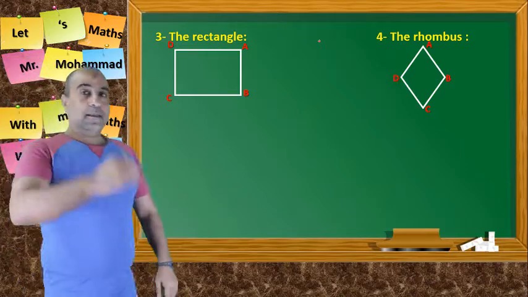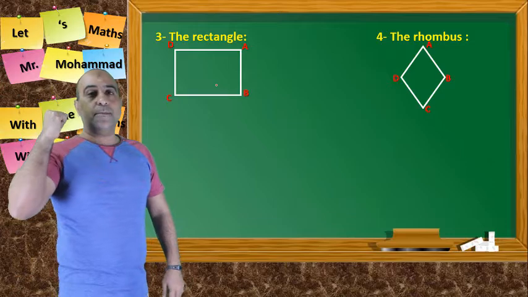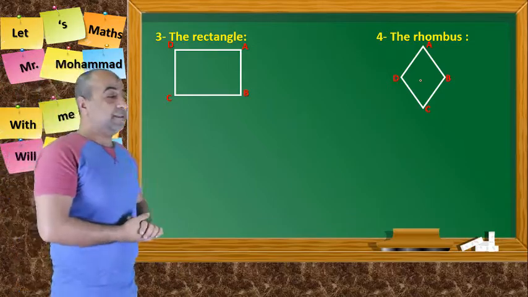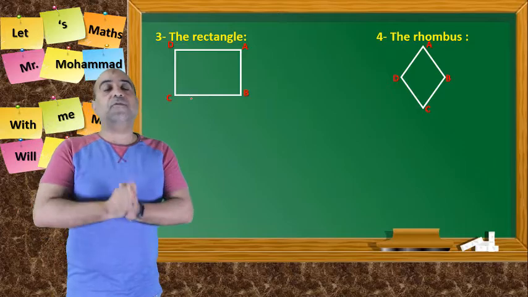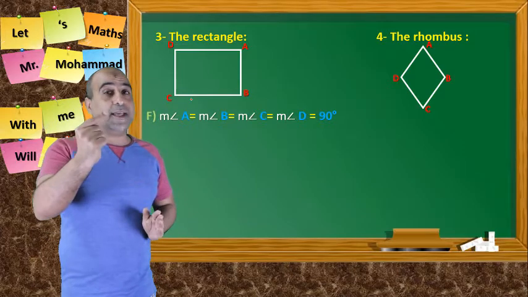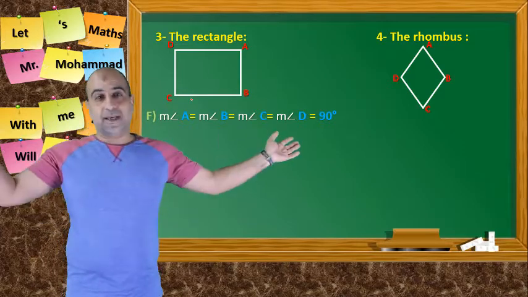The rectangle, we said that it's a parallelogram. The first extra property is that one of its angles is a right angle. And if one of its angles is right, then all angles are right.